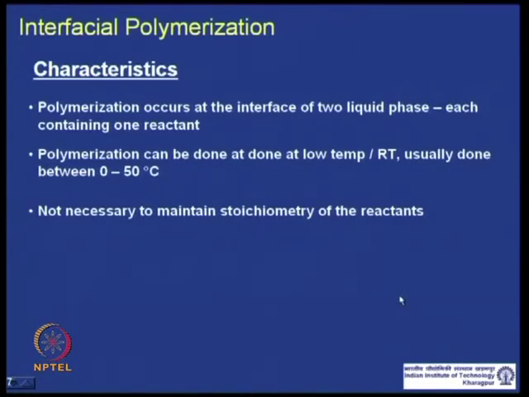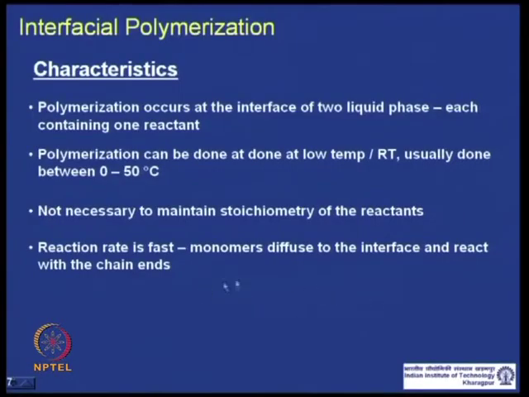The stoichiometry at the interface is always maintained at 1:1, because the reaction is not happening in the bulk phase of the two monomers, it is happening only at the interface. So, the stoichiometry at the reaction site, which is the interface, is always 1:1, and you do not need to make an effort to maintain the stoichiometry of the two monomers close to 1:1.